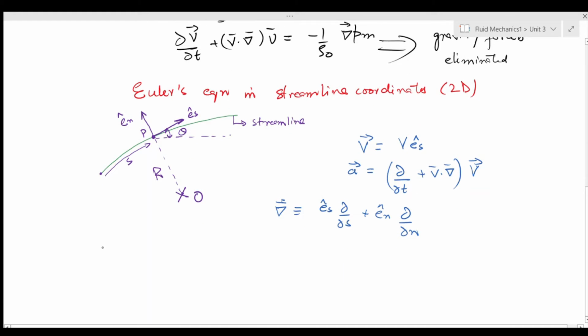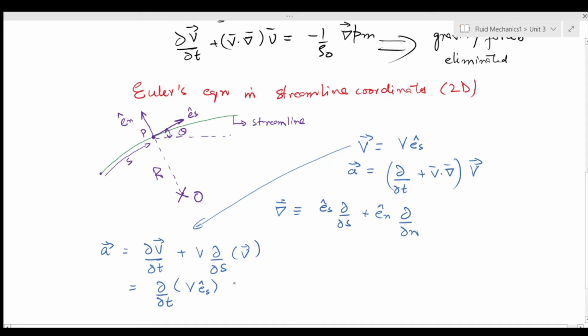If that's the case, then my acceleration a of the particle would be del V by del T plus V del by del S of V, and this could be written as del by del T of V Es plus V times del V Es by del S.